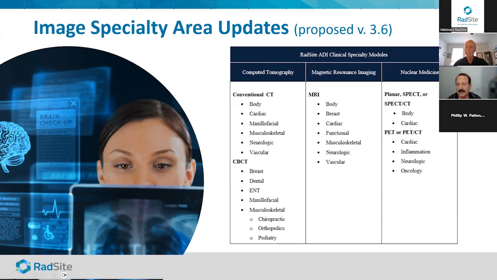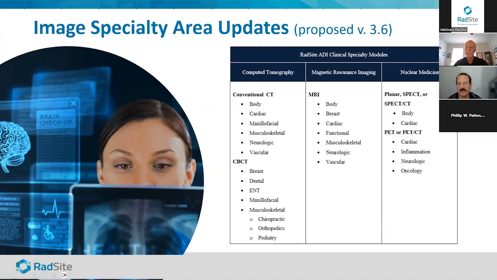And under MR, the distinction is made with functional imaging and vascular and other types. Each one of these modules requires submission to demonstrate to RadSite that there is expertise both in the interpretation of studies and in the quality of the studies from a clinical and a physics perspective.